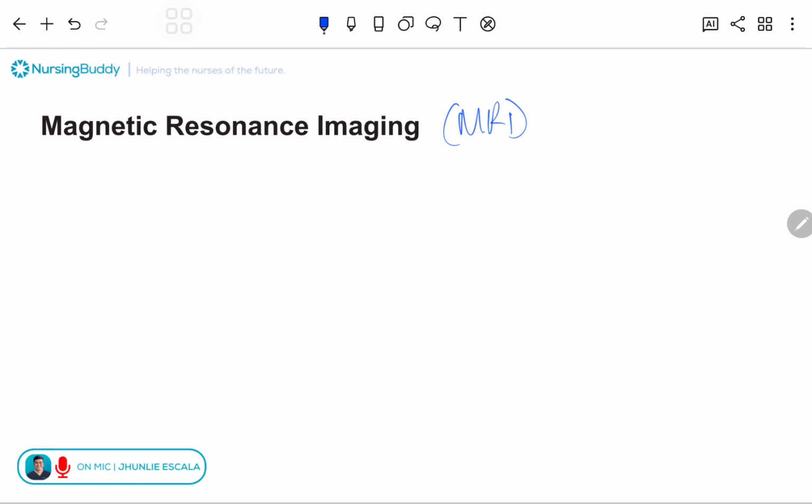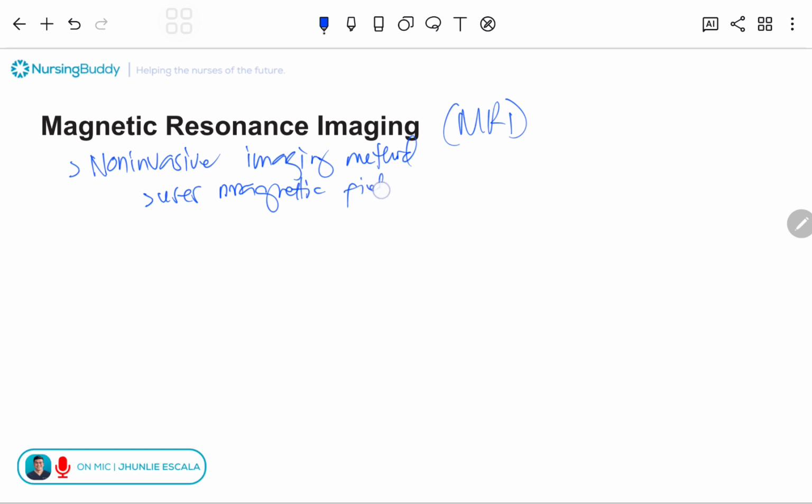So, tandaan po natin that your MRI is a non-invasive imaging method, and this uses, tandaan natin, magnetic field and radio waves to determine anatomy.